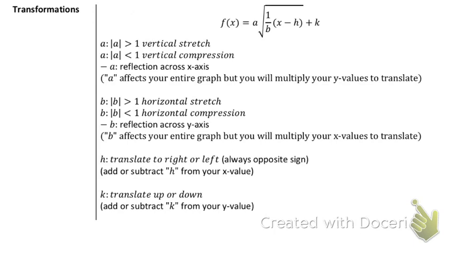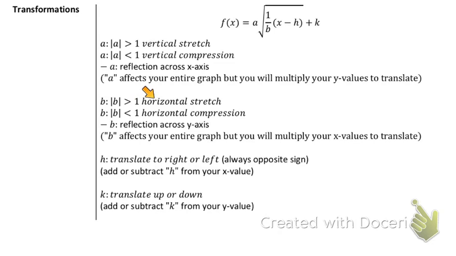All right, let's go ahead and start talking about how to graph these things. As you can see, the rules of transformational graphing all still remain the same. This did not change from the cubic function. For example, the A value still controls vertical stretch, compression, and reflection across the x-axis. It multiplies with your Y values.